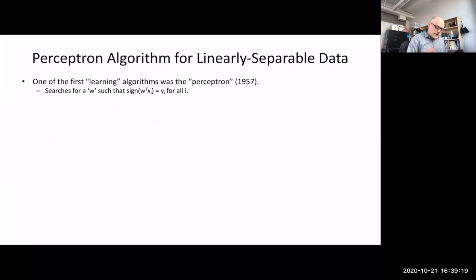It's one of the very first learning algorithms, quite old, even older than me. This algorithm searches for a linear model parameter such that the signs match, i.e. it classifies the data perfectly, as we just discussed.